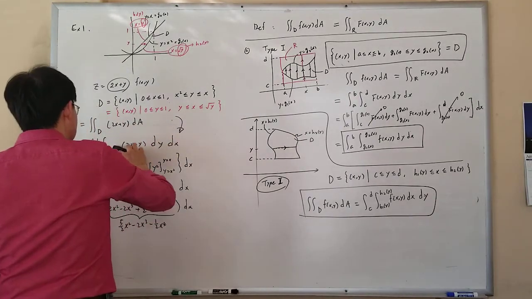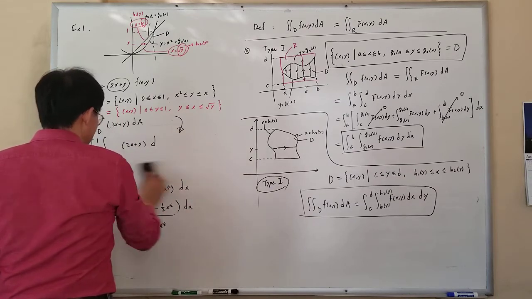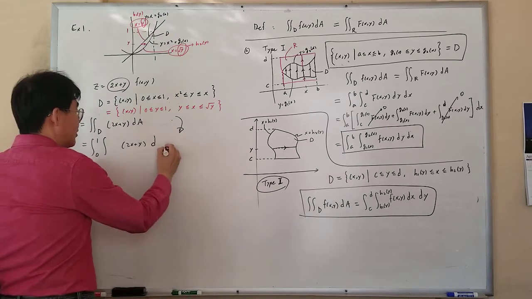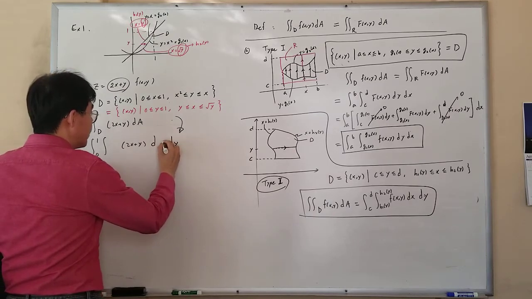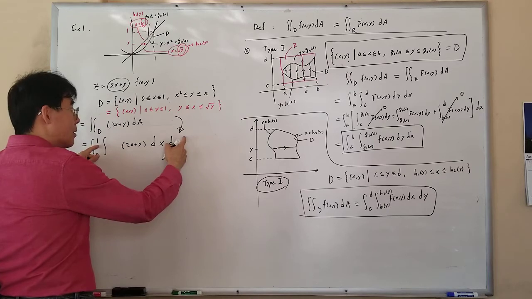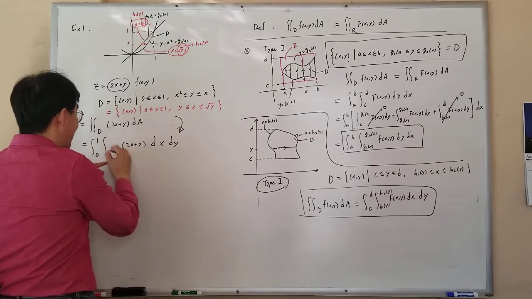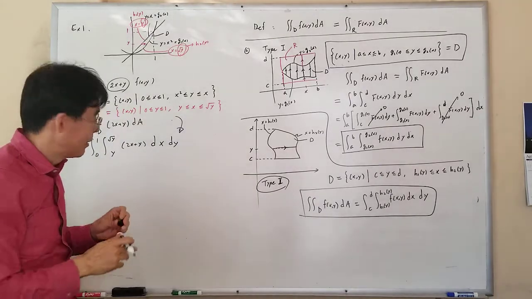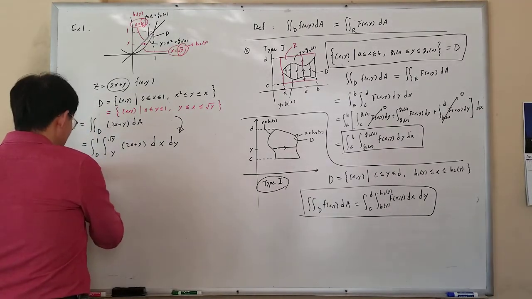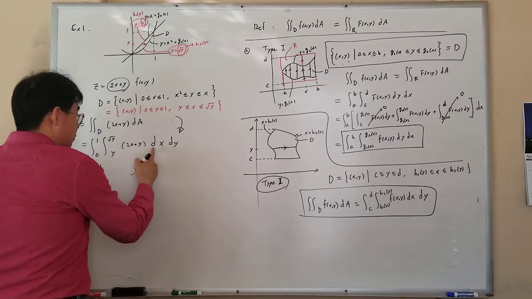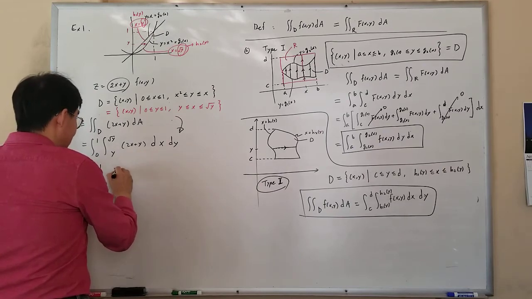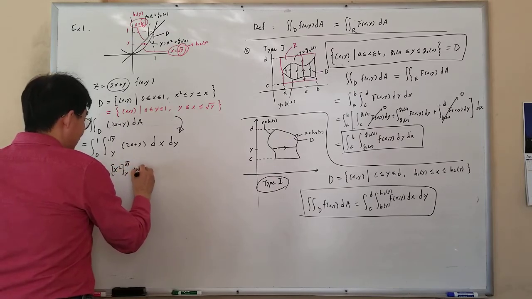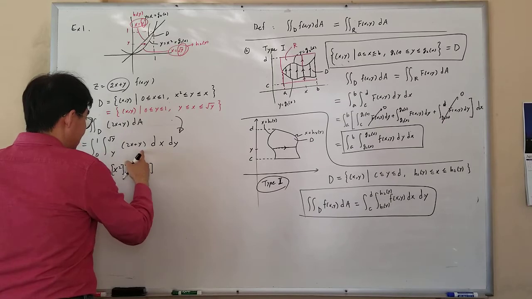Then your integral can be set up. Y runs from 0 to 1. For given y, x runs from y to the square root of y. Okay? Then you can do the usual. With respect to x, this is x squared over 2 from y to square root of y, plus y times x. See?